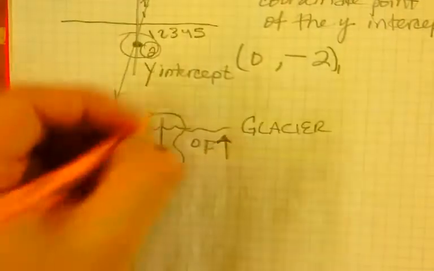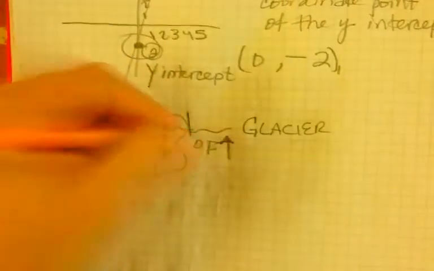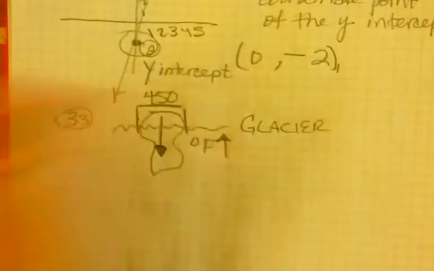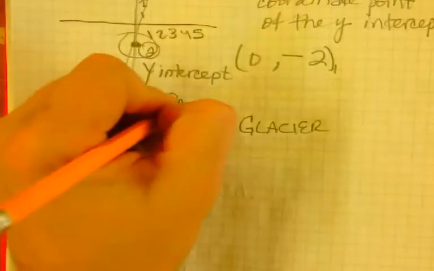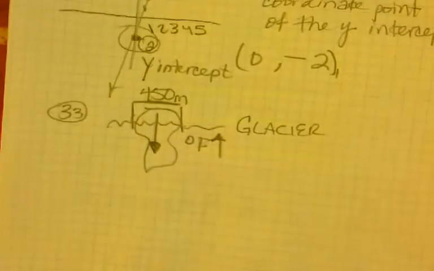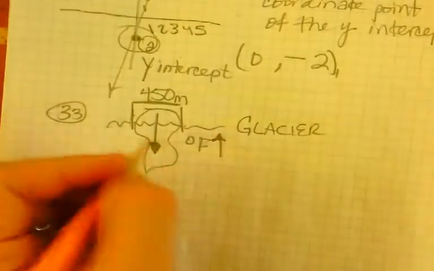All right, this glacier right now has a thickness of 450 meters. So draw a little box kind of on your glacier and put 450 across. 450 meters. And right now, the way that we are warming up, it is causing our ice to melt.